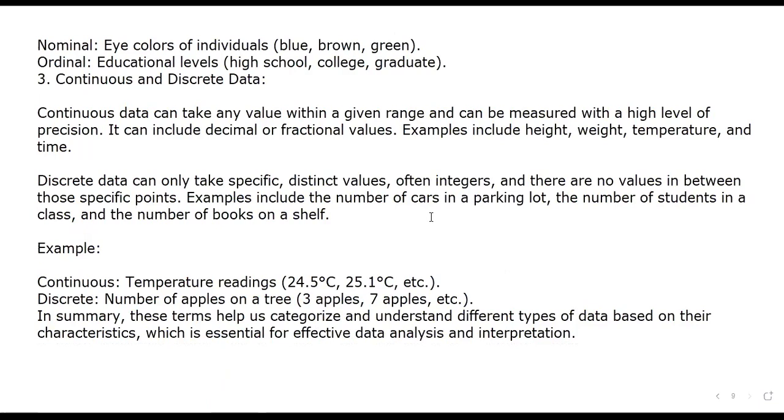That's continuous. Is data that has integers, a temperature, that's decimal point, 24.5, 25.1. All right. So you discover that you can relate discrete data to what? To nominal data, and continuous data to ordinal data.